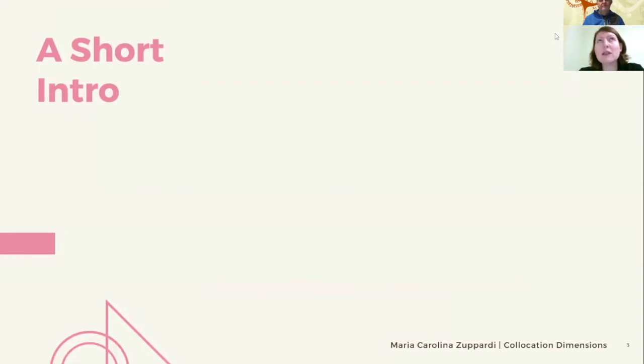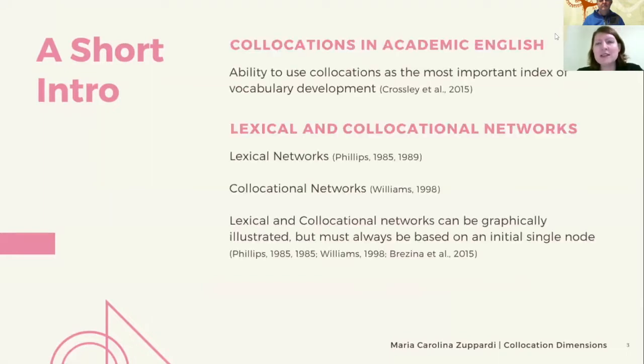A lecture on collocations was what got me started in corpus linguistics, and I've always been interested in this. And as Crossley says, collocations in academic English are one of the most important indices of vocabulary development. So that makes it pretty important to take a look at it and see what's going on.